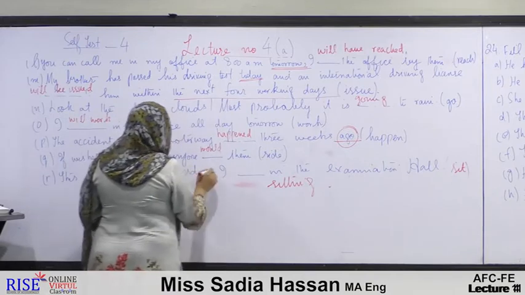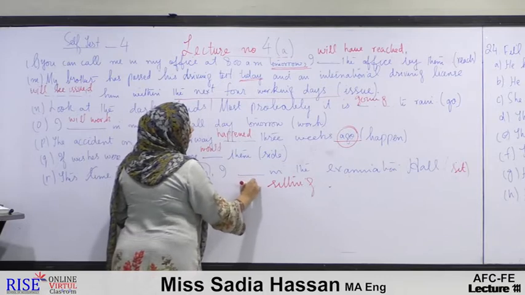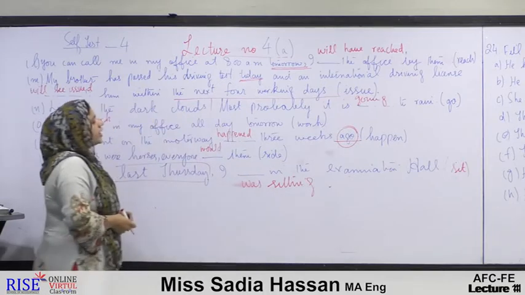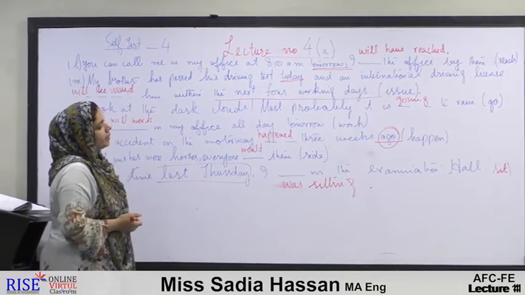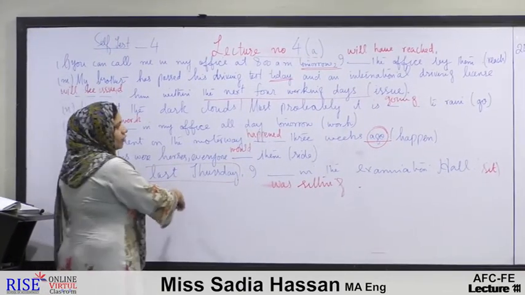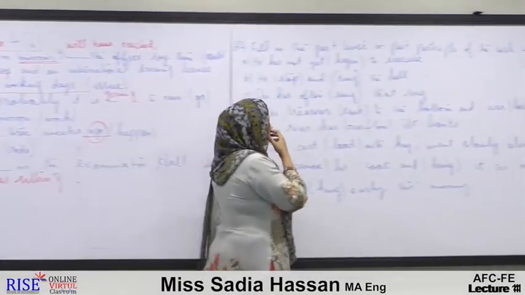Fine. Whenever last Thursday is there, I must always use the past context. So I must be using: this time last Thursday I was sitting in the examination hall. Okay. Past follows past.